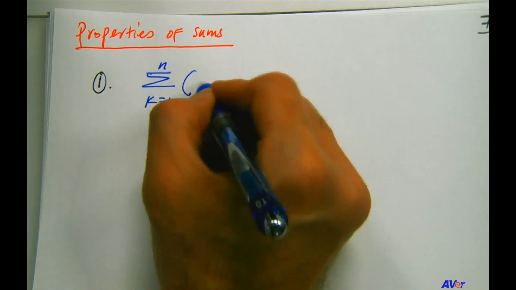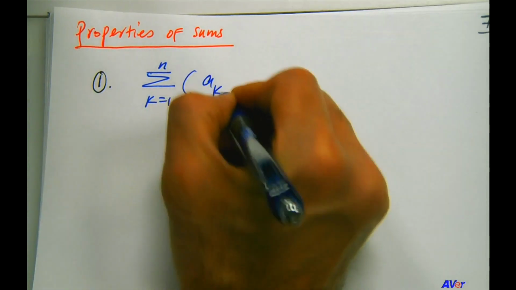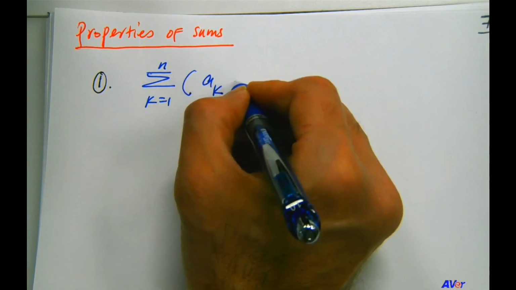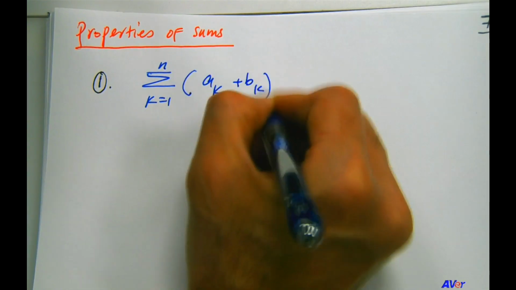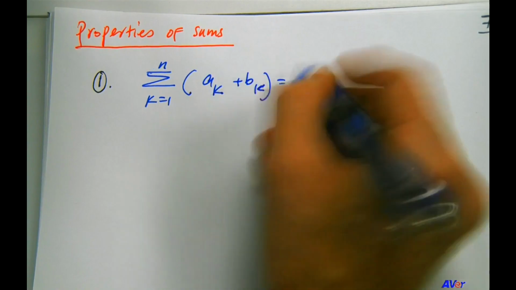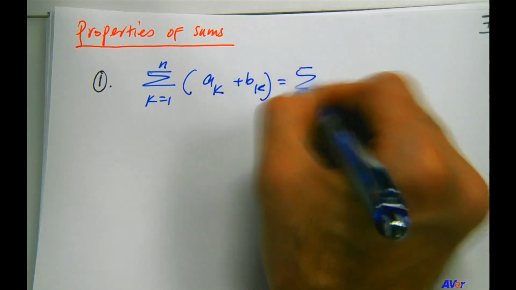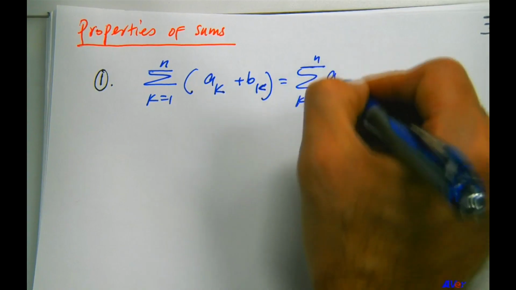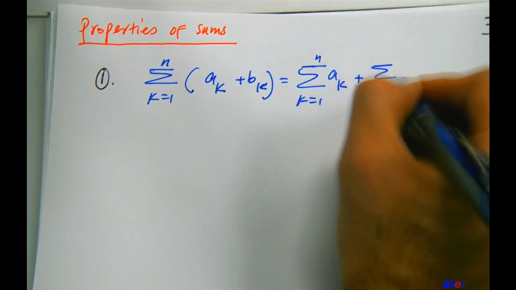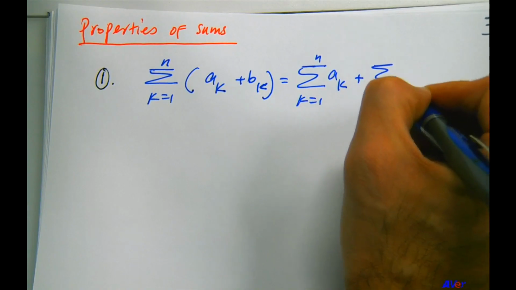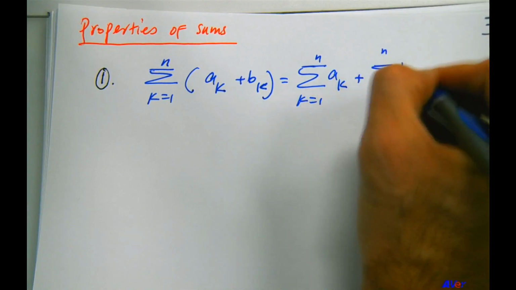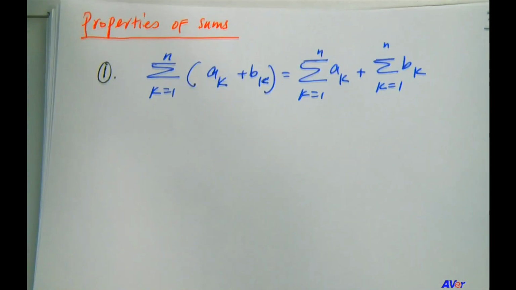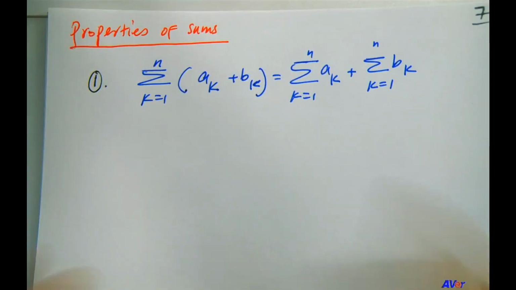Then if you have in parentheses after the sigma, a_k plus b_k, then this is the same thing as this. Like that. Okay, so this is one of the properties of the sum notation.